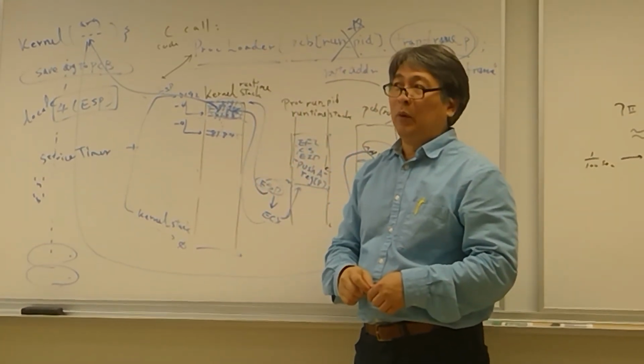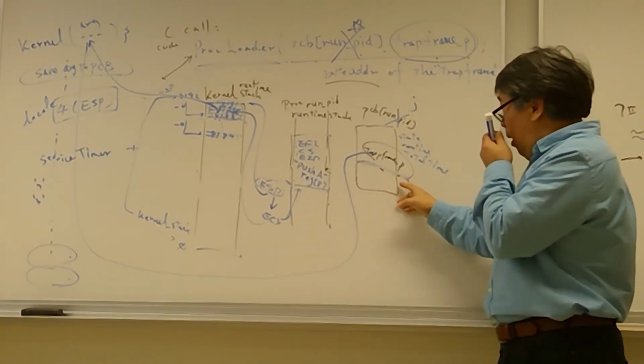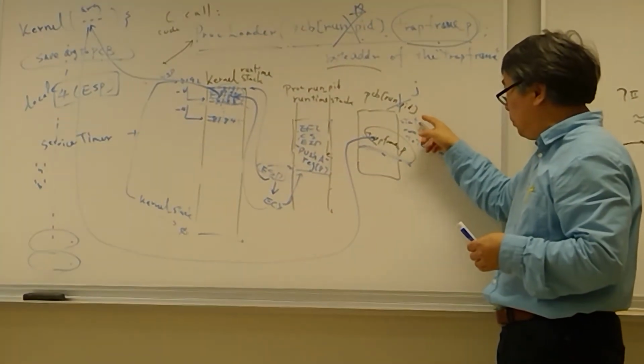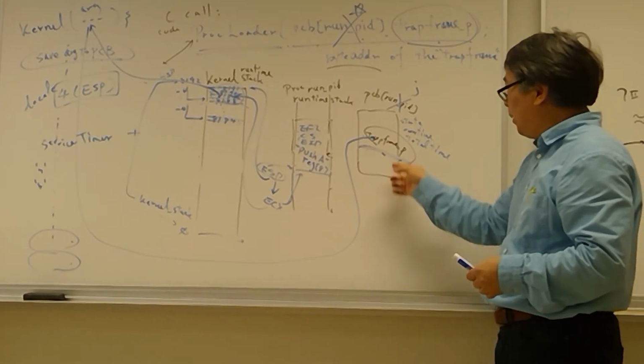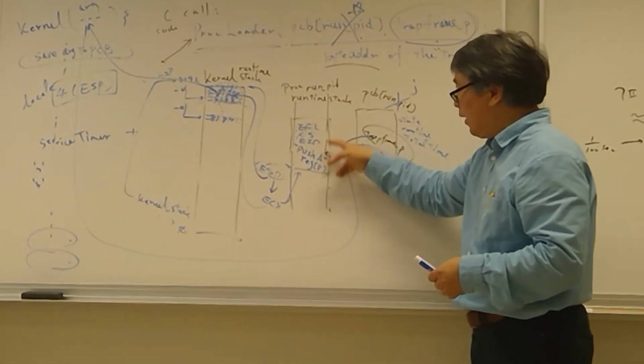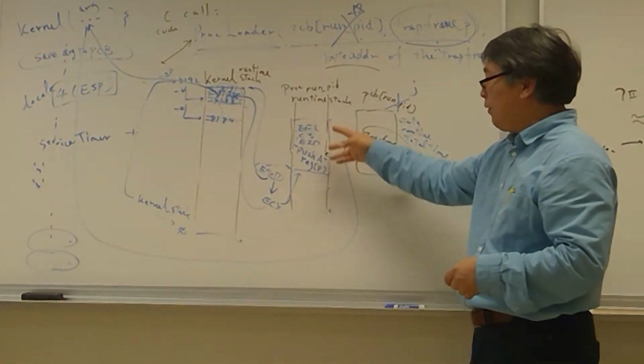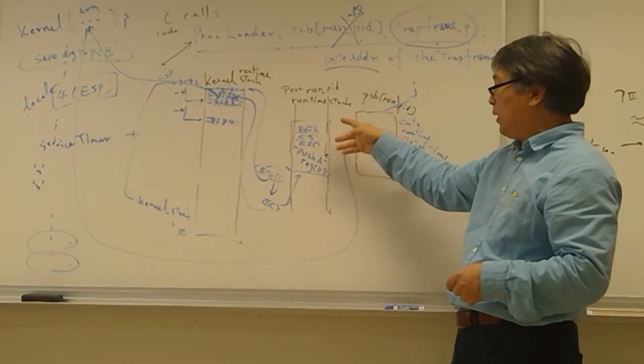So when processes are not running, they have this information in their respective PCB that points to their respective runtime stack that has the trapframe suspended. Frozen. Process frozen here in the trapframe.